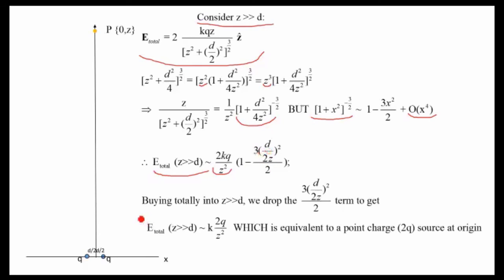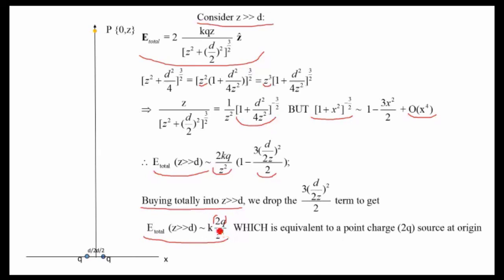Now we buy totally into the inequality. And so this term here is going to drop out if we go far enough away. D squared over z squared allows us to just throw it away. We drop it, and so we end up with the total E field at very large distances approximately equal to k times 2q over z squared.